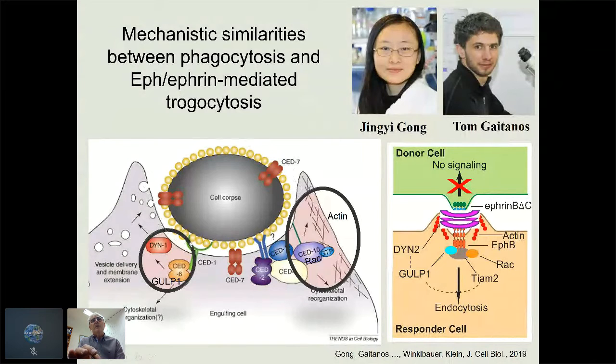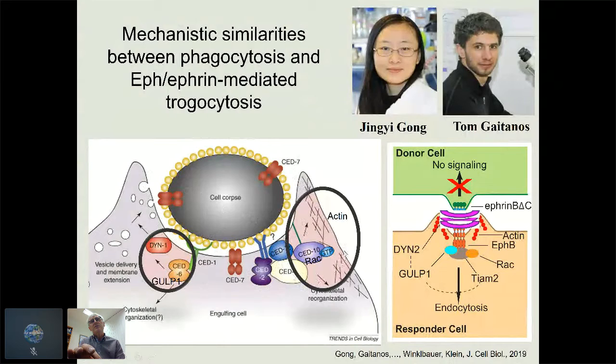Here's a picture from C. elegans, where one cell phagocytoses a dead cell, and some of the genes and proteins that have been characterized to be required for this process.